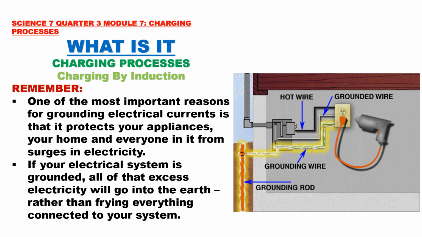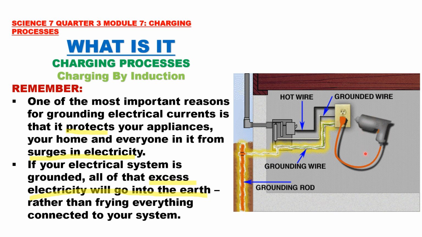One of the most important reasons for grounding electrical currents is that it protects your appliances, your home, and everything in it from surges in electricity. If your electrical system is grounded, all of that excess electricity will go into the earth rather than frying everything connected to your system. So, for example, if lightning was to strike or the power was to surge at your place for whatever reason, this produces dangerously high voltages of electricity in your system.